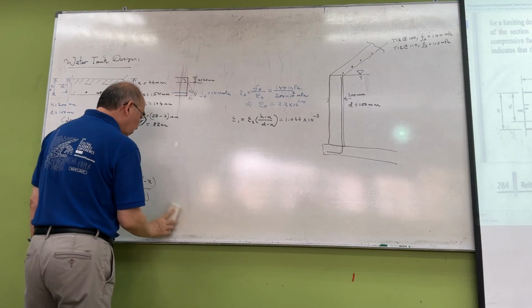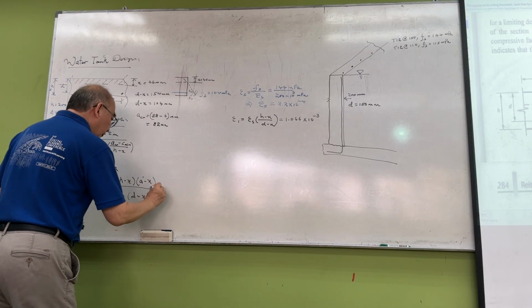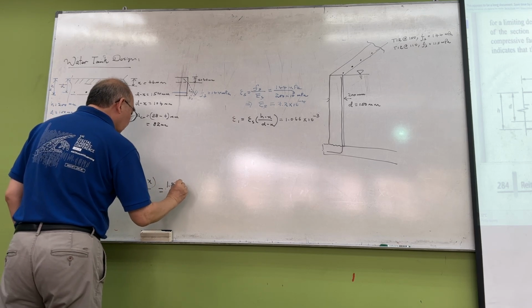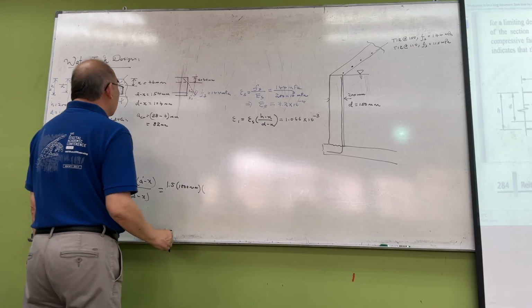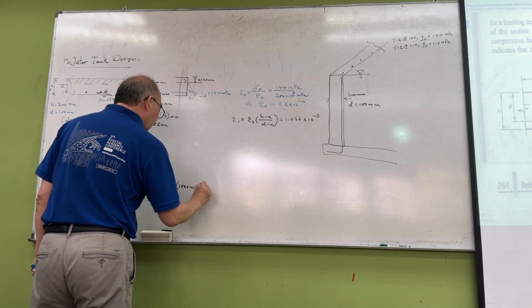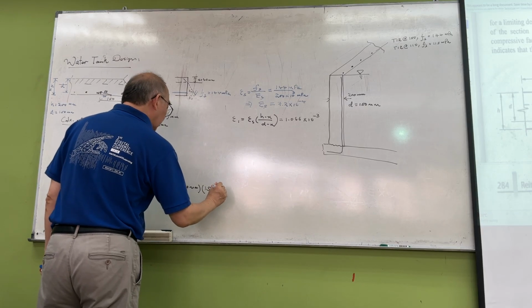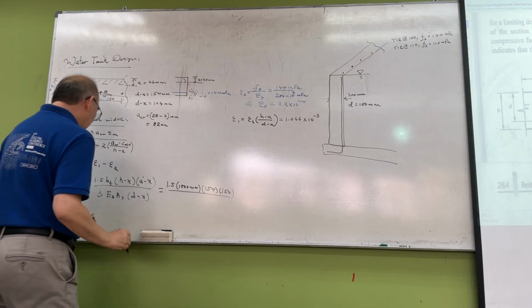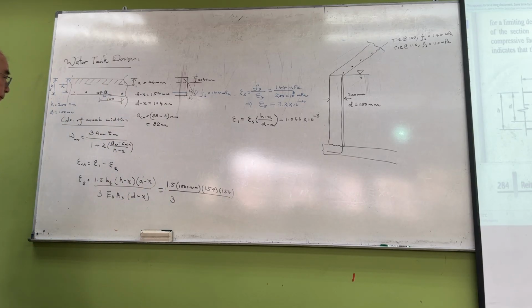This is for 0.5. So what do we have? 1.5, 1000 millimeter. Okay. h minus x is 154. And a prime minus x is also 154. And 3. Okay.